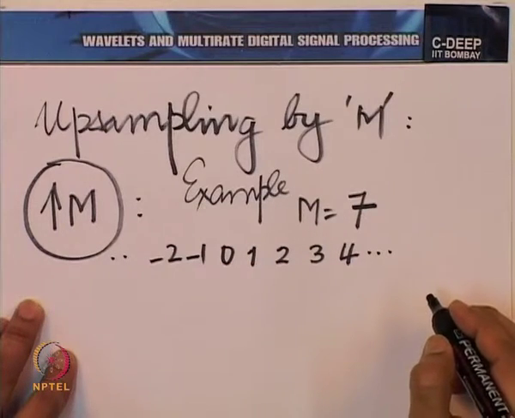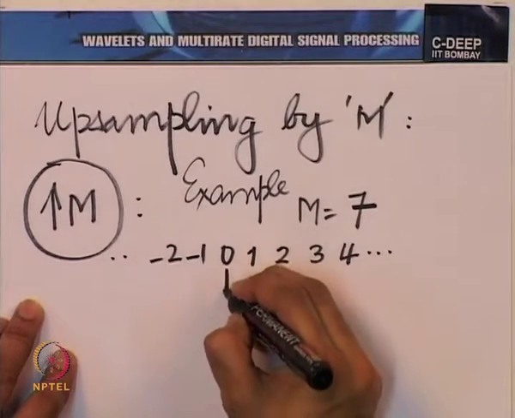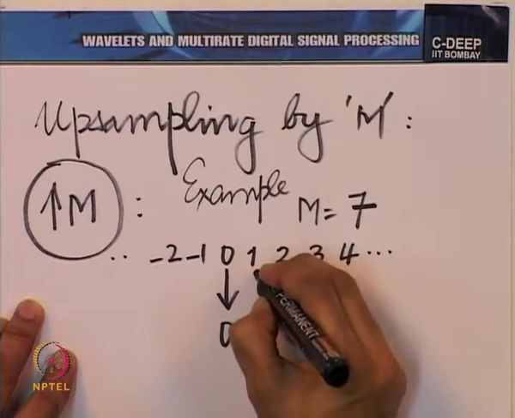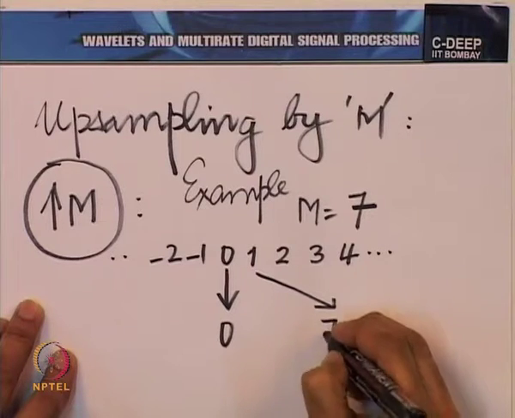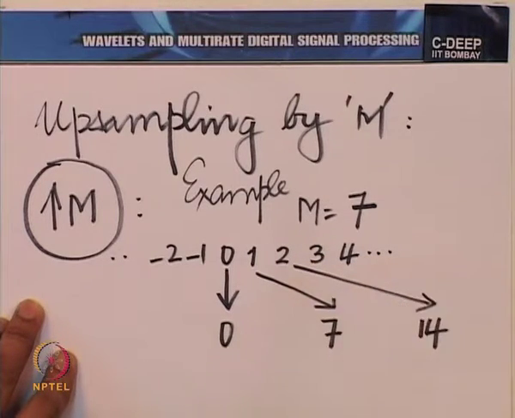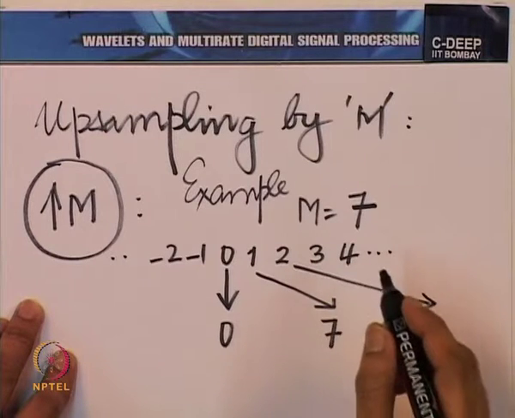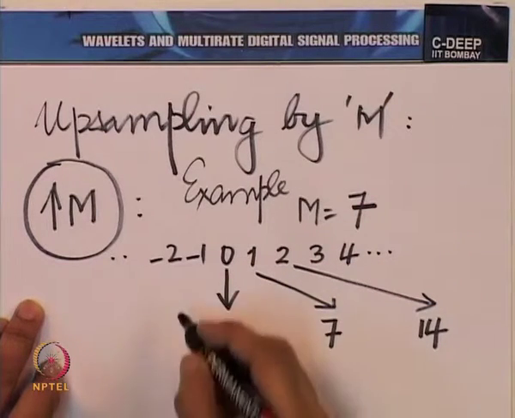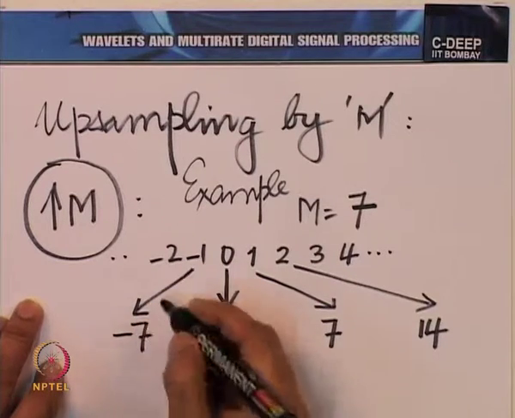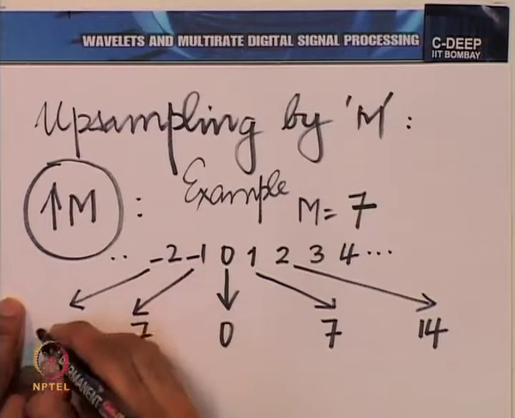Here, when you upsample by 7, the 0 sample goes where it is, to 0, the 1 sample would go to 7, the 2 sample to 14 and so on, the 3 sample to 21, the 4 sample to 28 and the minus 1 sample would go to minus 7, minus 2 to minus 14 and so on.